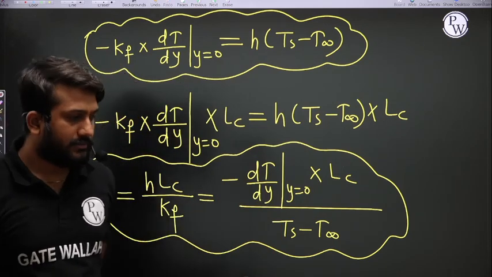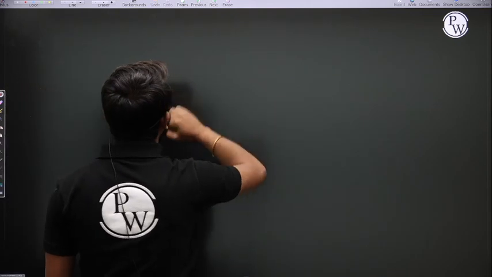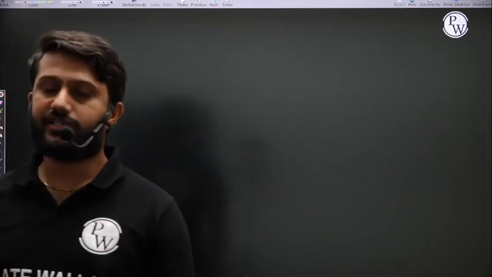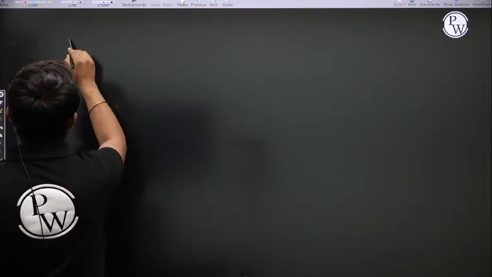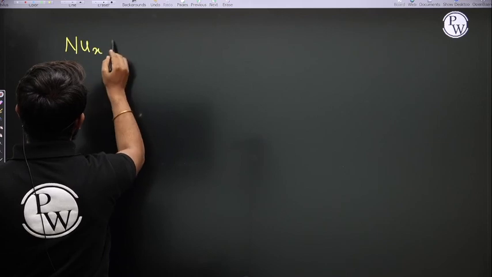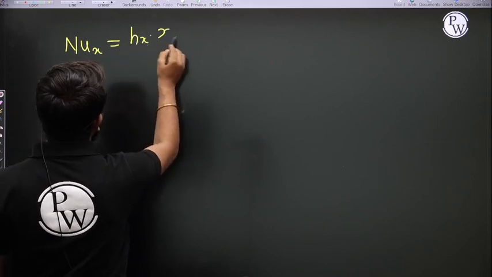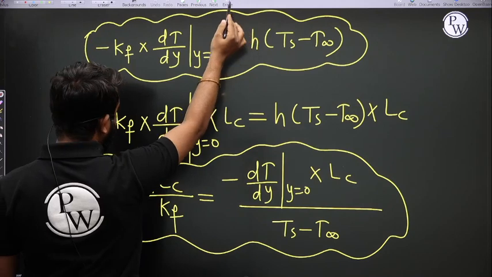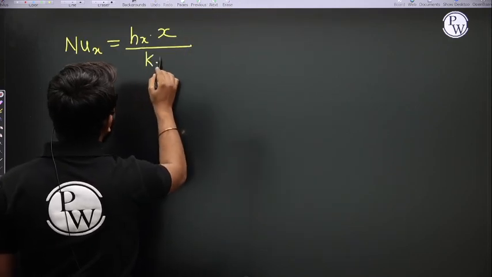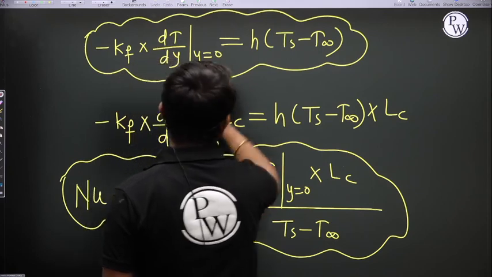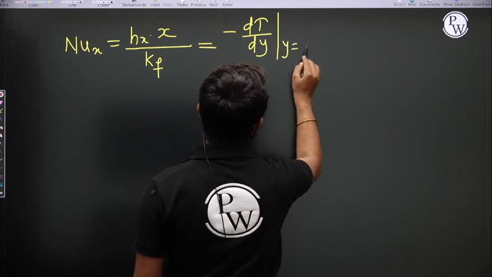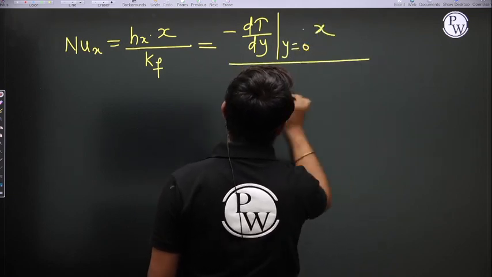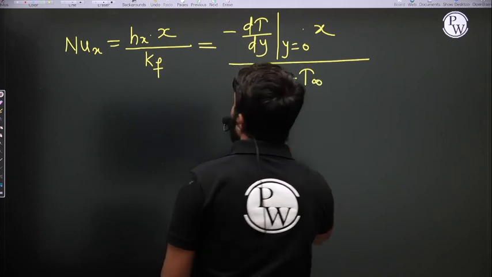Okay, so see, there is a concept of convective heat transfer coefficient and the local convective heat transfer coefficient, and similarly there is a concept of local Nusselt number and the Nusselt number also. So if I want the local Nusselt number, I write here h_x into x by k_f is equal to minus dT/dy at y equals 0 into x divided by Ts minus T infinity.